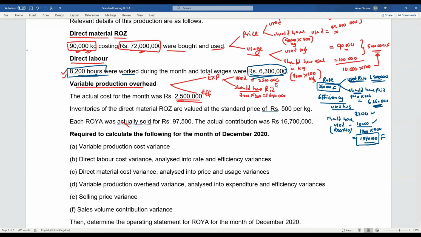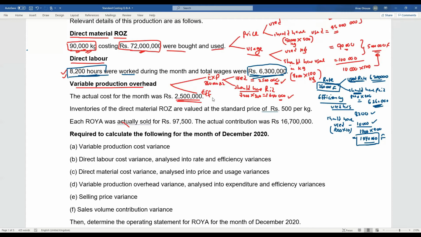We paid 2.5 million, whereas we should have paid 1,640,000. So the difference is 860,000. Is it favorable or adverse? It's an adverse variance, because we paid 2.5 million whereas we should have paid 1,640,000. We have paid more, we have used more.